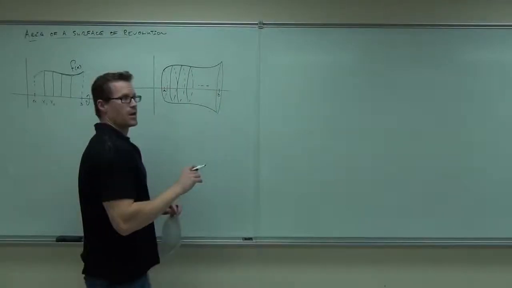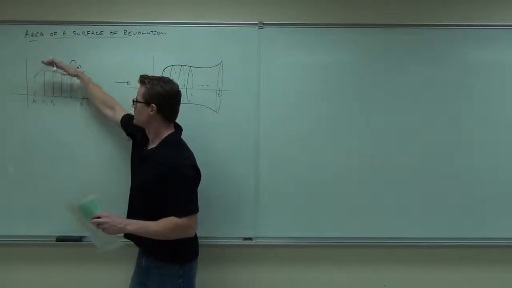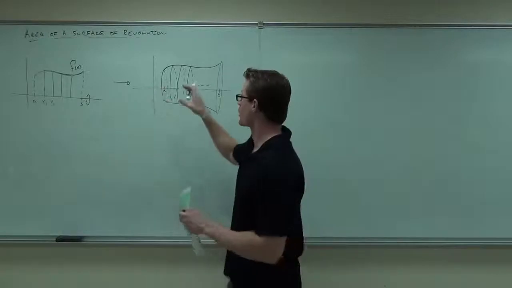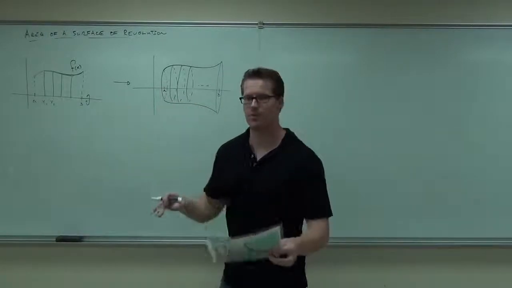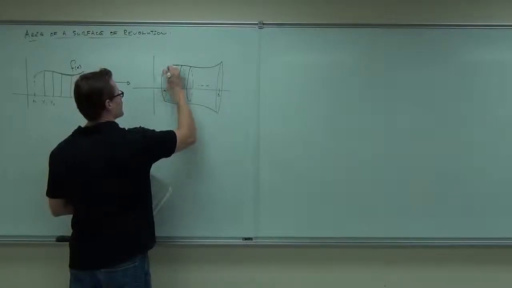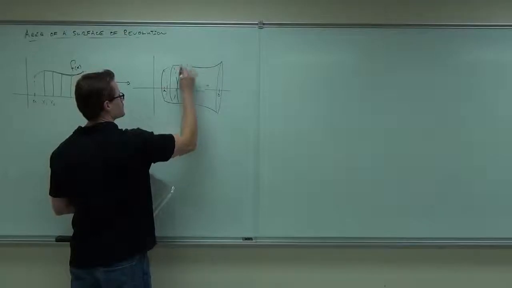And so on and so on. But that's not exactly it. You see, since we truncated this line, we truncated that function at every single cutting, we're going to do the same thing here. And what we're going to end up with is this figure. That would be straight. Straight, straight.